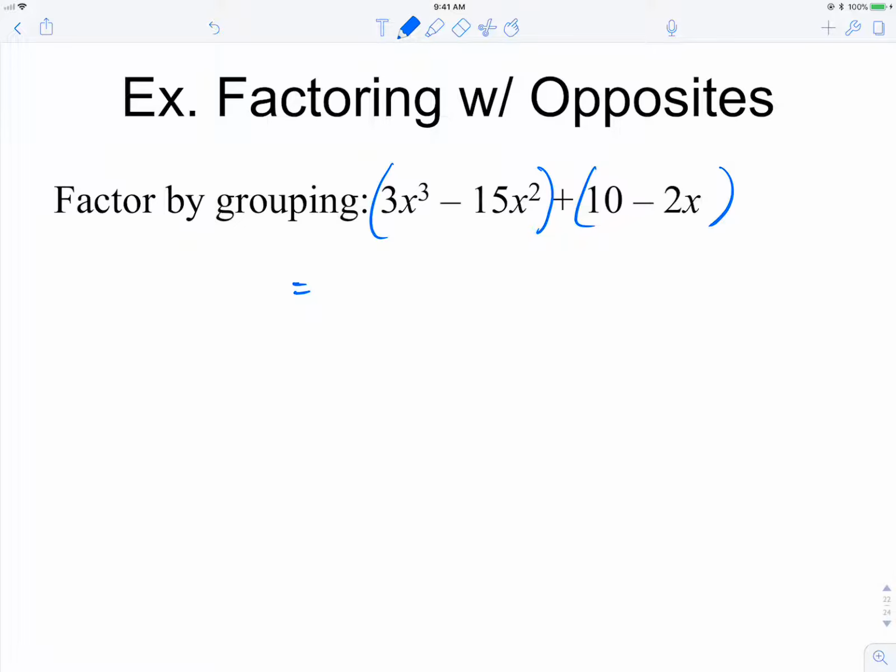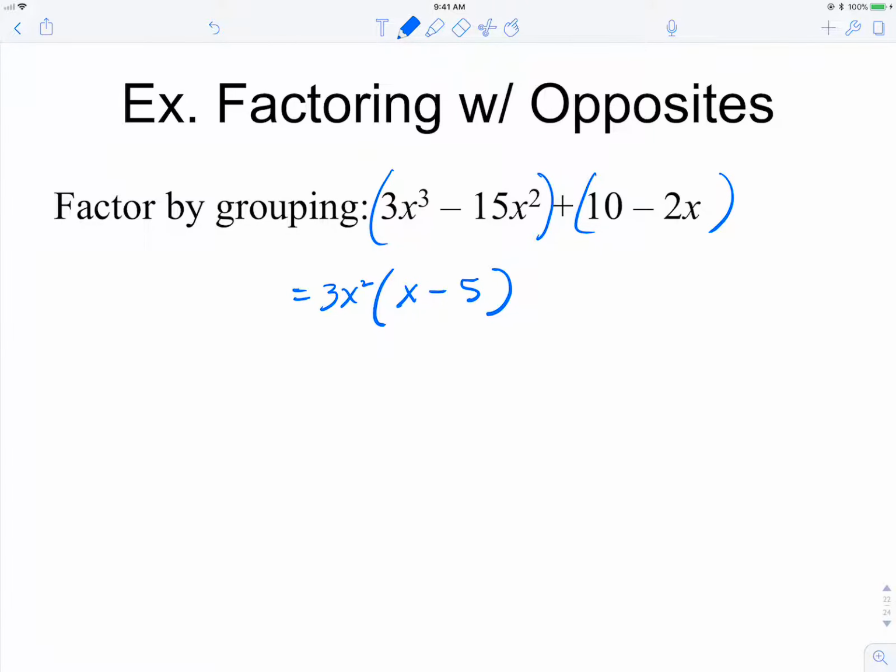Okay, so factoring out the GCF of the first grouping, 3x squared, then we'll have x minus 5 as our factor. And then I can factor out a 2. So I would have 5 minus x, which, like the previous example we saw, x minus 5 is not equal to 5 minus x.